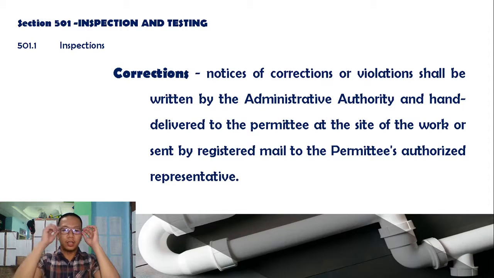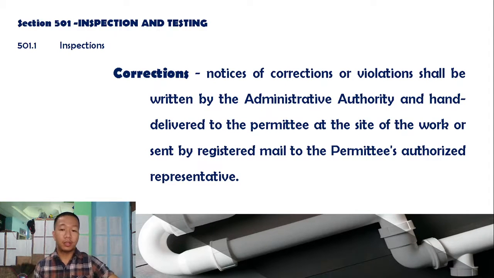Corrections. Notices for corrections or violations shall be written by the administrative authority and hand-delivered to the permittee at the site of the work or sent by registered mail to the permittee's authorized representative.